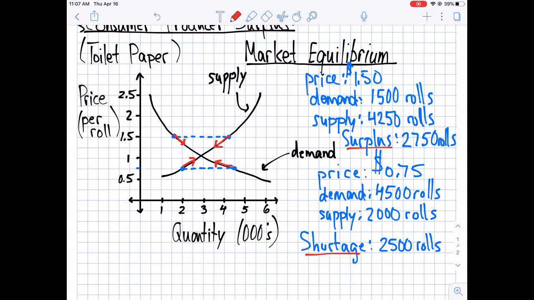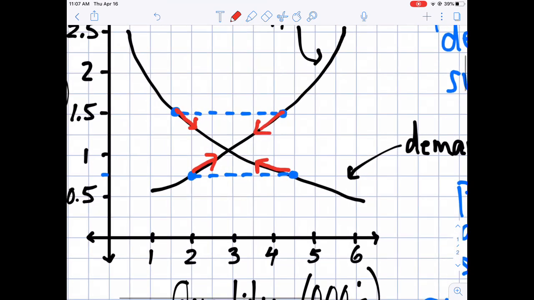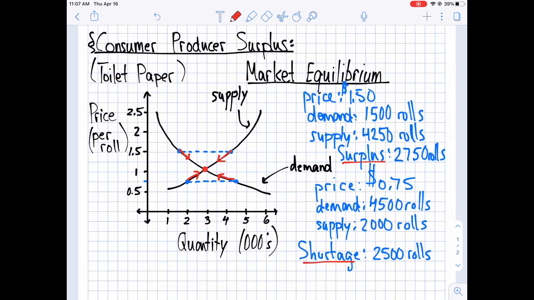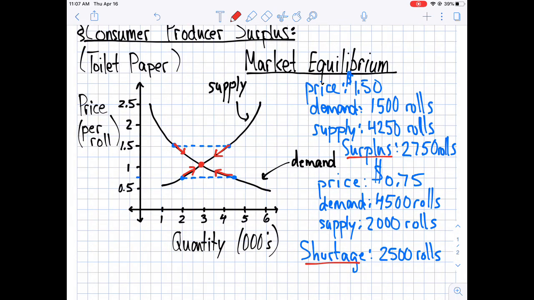As this keeps happening over time, the price is going to approach this one natural point right here. It's going to be approaching the intersection of the supply and the demand curves. And there's a name for this. So here, if we look at that, this point right here is called market equilibrium.